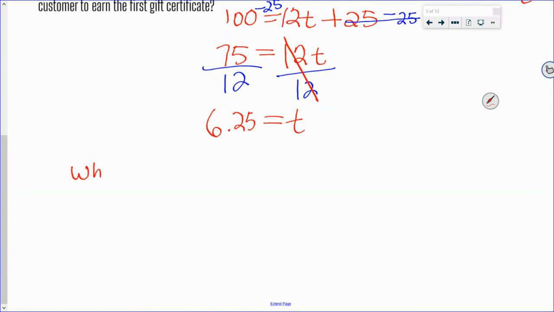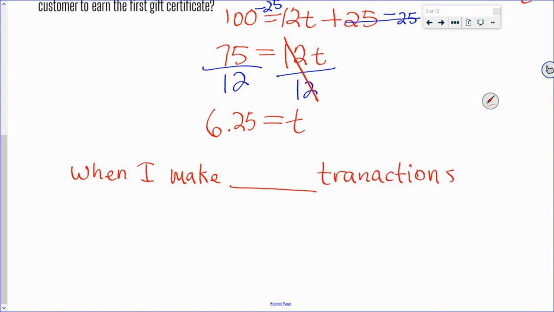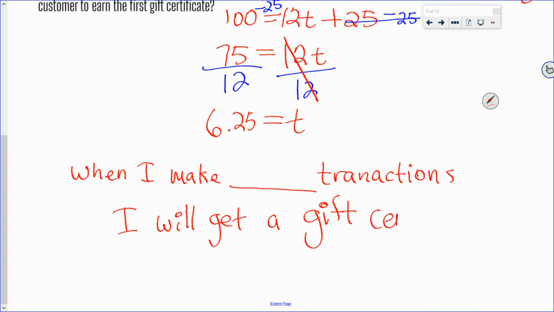When I make, don't answer yet, blank transactions, I will get a gift certificate.